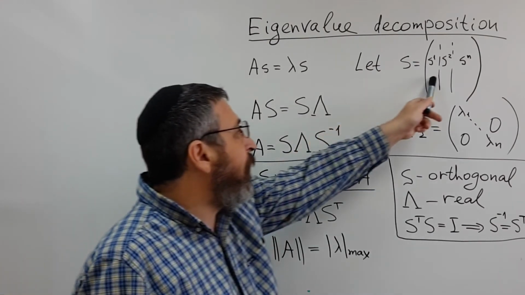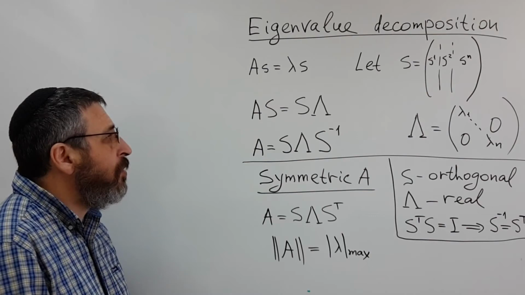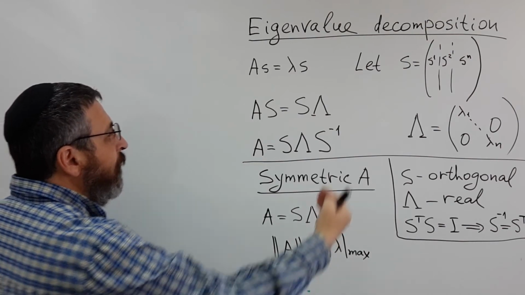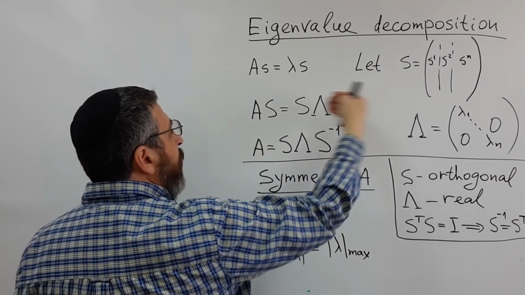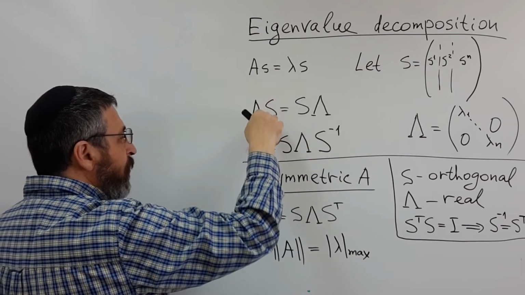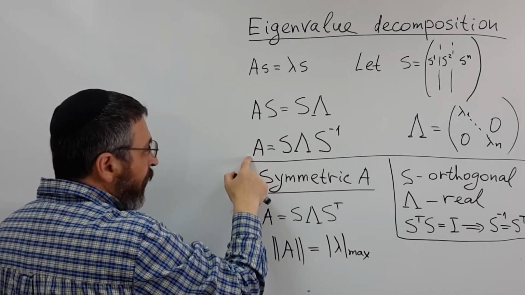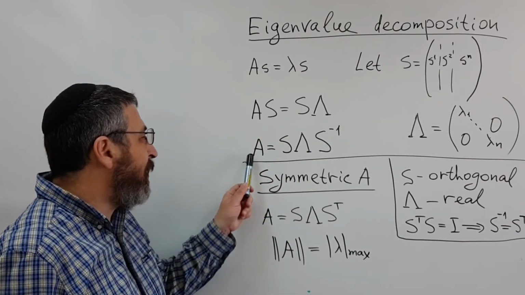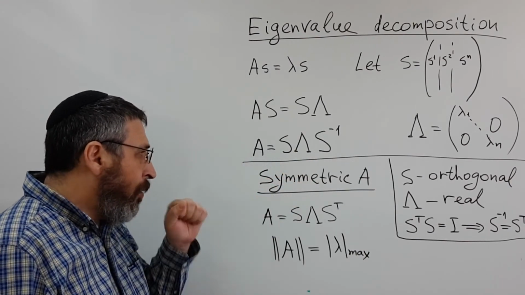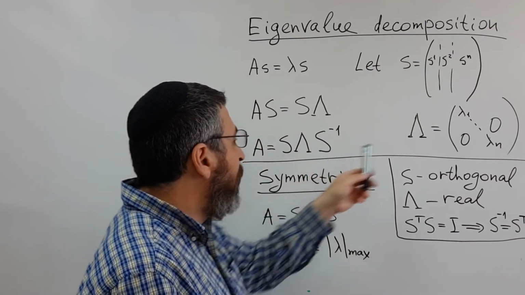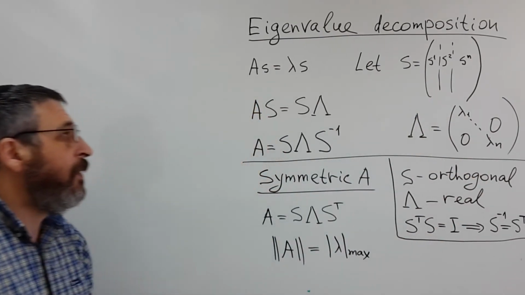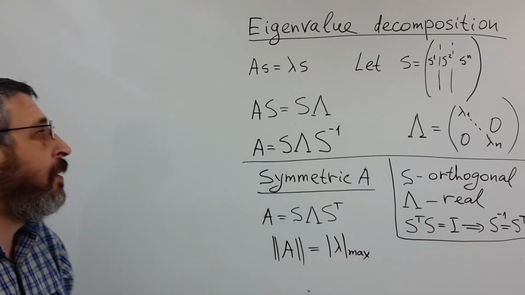Now, if we have n linearly independent eigenvectors, then this matrix S is invertible, and we can multiply this equality from the right by S inverse. So S multiplied by S inverse gives identity, and we end up with the eigenvalue decomposition of matrix A: A is equal to S lambda S inverse. And by the way, for a general matrix A, the values of lambda may be complex, the same as the vectors S.